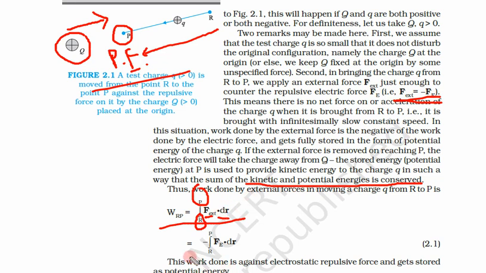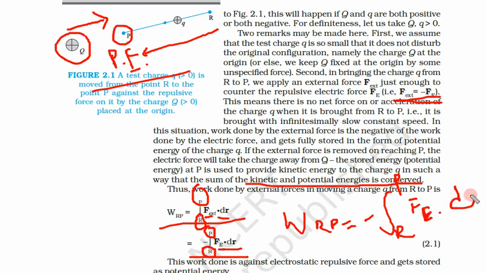So moving from R to P, F external is replaced with F electrostatic dr. So the work done in moving from R to P is simply minus the integral from R to P of the electrostatic force into dr.